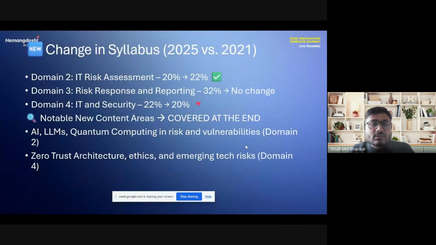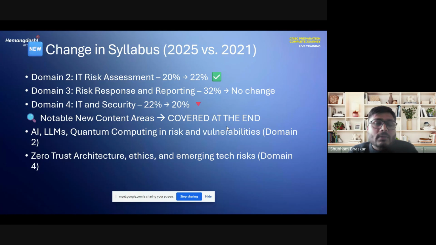Now, what was the content? The content is that in domain 2, some concepts related to artificial intelligence, which is no surprise, large language models, LLMs, quantum computing in risk, and vulnerabilities related to that have been added. Some things that have been added in domain 4 would be zero trust architecture, ethics, and emerging tech risks, right?